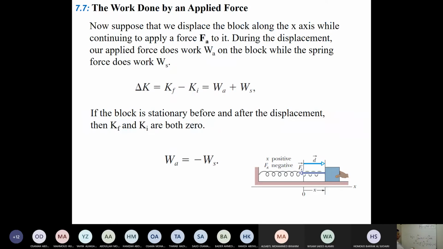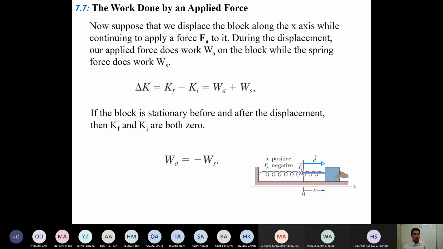Suppose again that the situation is similar to the work done by the gravitational force, and I'm holding the block and I'm pulling it out. So when I'm pulling it out, I am applying my force in that direction. The spring is applying a force on me in the opposite direction.